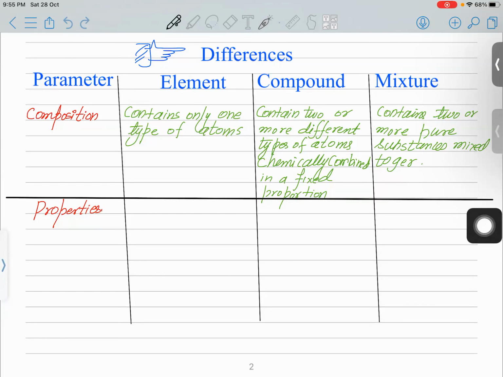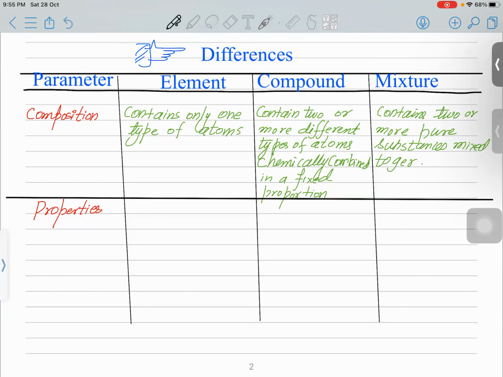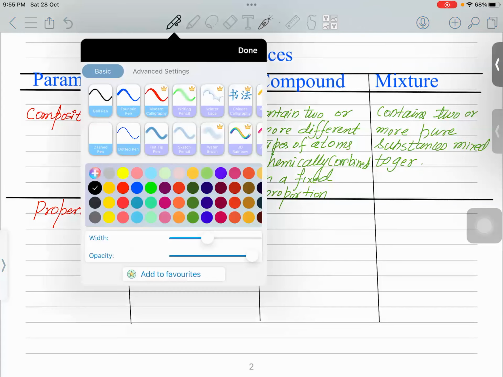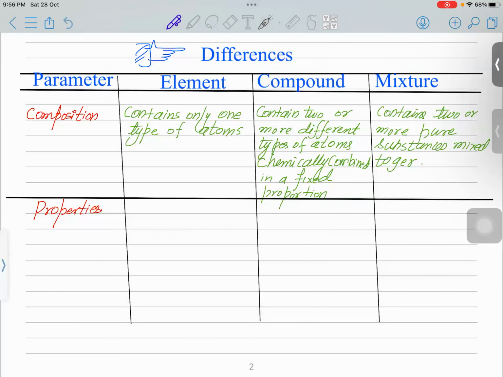Sir, what do you mean by properties? Properties means they have unique properties or the same properties, or the properties are totally different from individual atoms. So element has the same properties. Yes, your answer is correct. So element has unique physical and chemical properties.